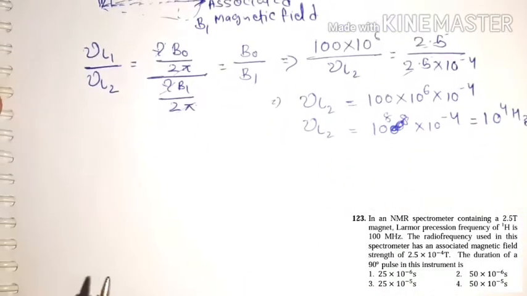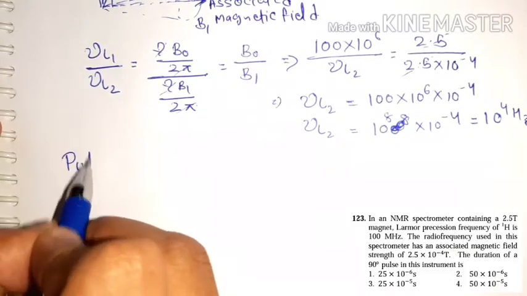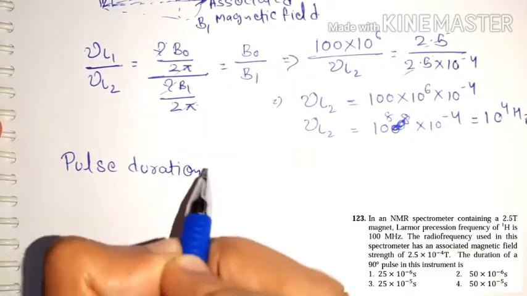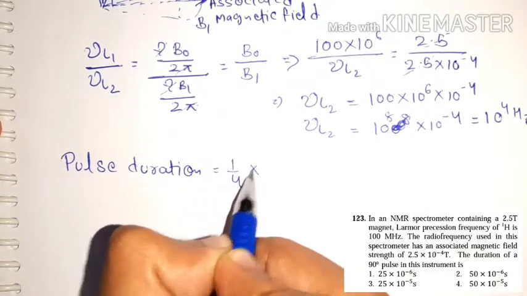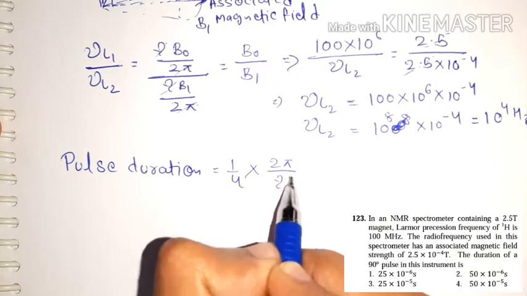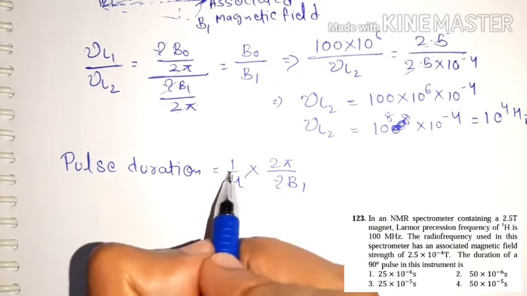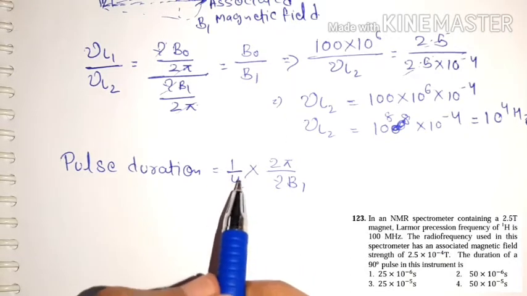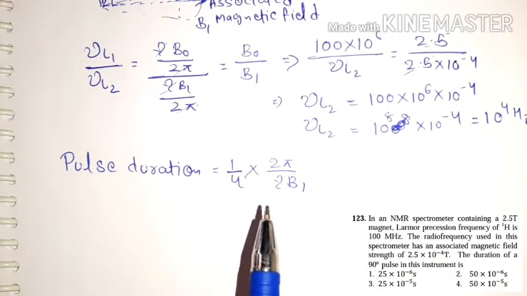Now what is the formula of pulse duration? We know very well that the formula of pulse duration is 1 by 4 into 2 pi by gamma B1. We must find the pulse duration for this associated magnetic field. So the formula is 1 by 4 into 2 pi upon gamma B1.